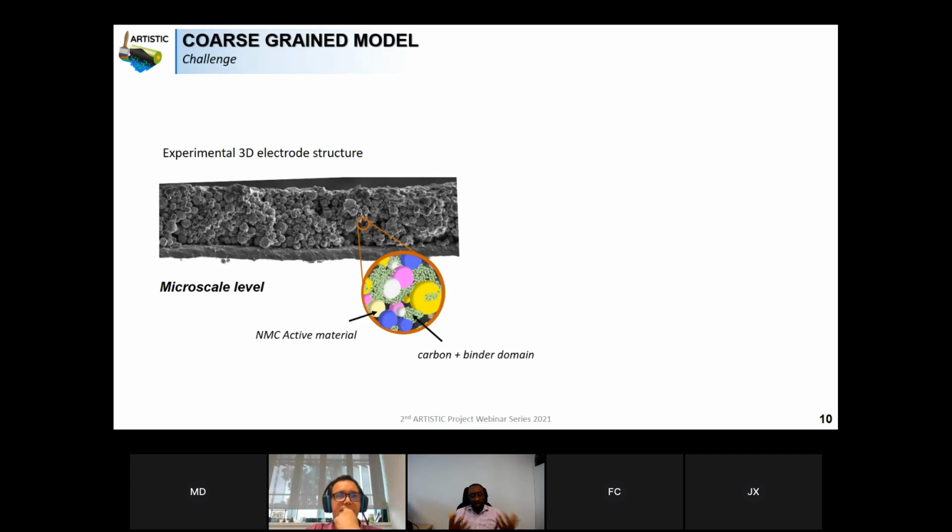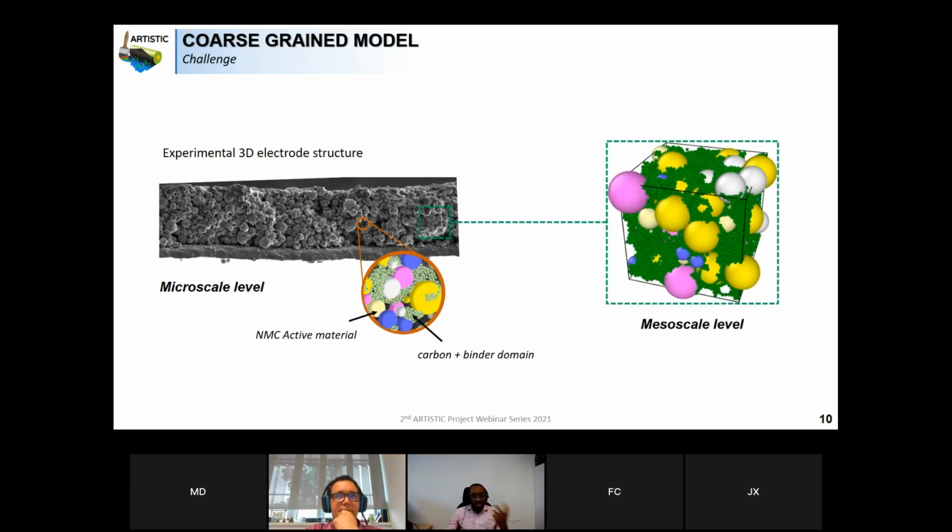We can see this as a mixing of carbon and binder. So we can assume that the model is a mixing of active material and some kind of effective particle that combines carbon and binder inside. We call it the carbon binder domain.